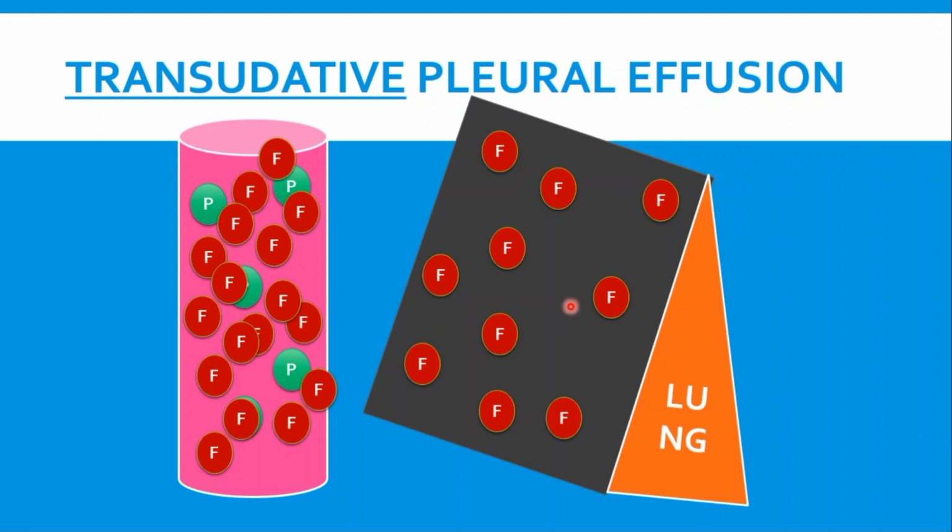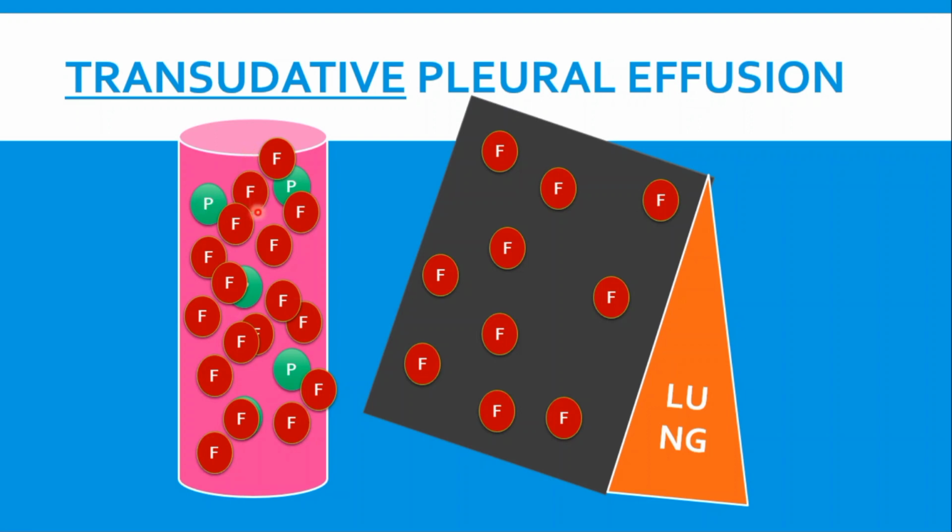It can also be caused by low oncotic pressure. Low oncotic pressure means there is a low amount of protein inside the capillaries. Just imagine for this concept, for example, there are 30 fluid and 6 protein in a capillary.